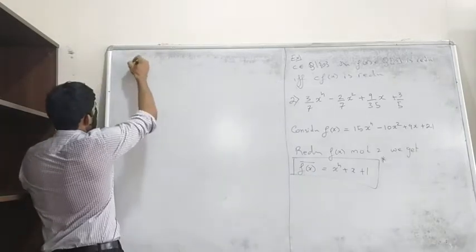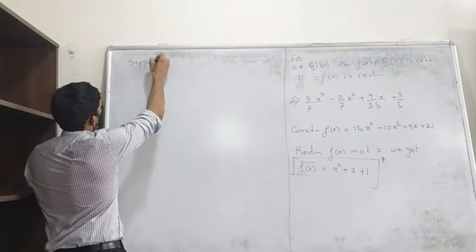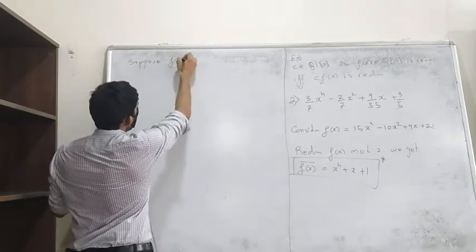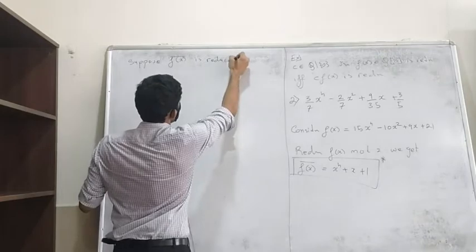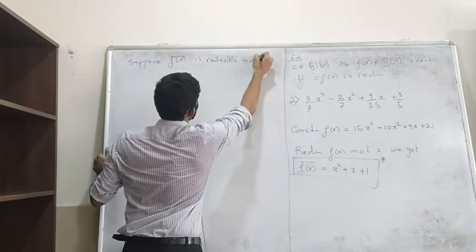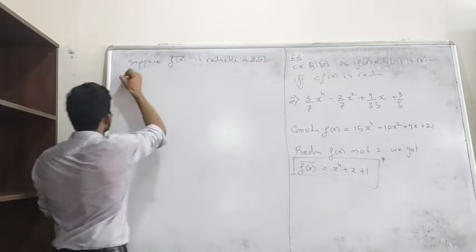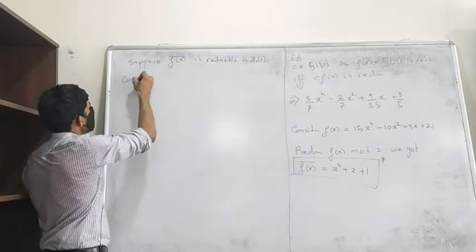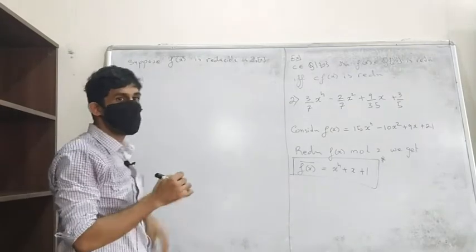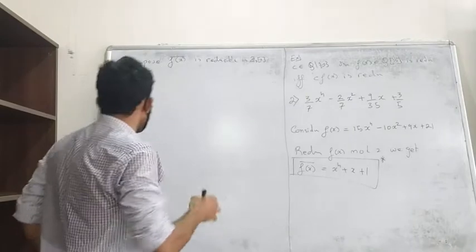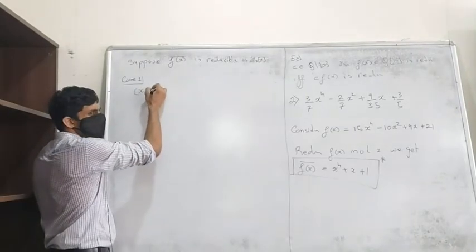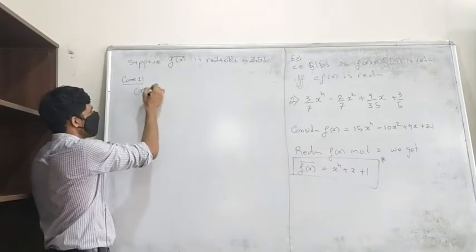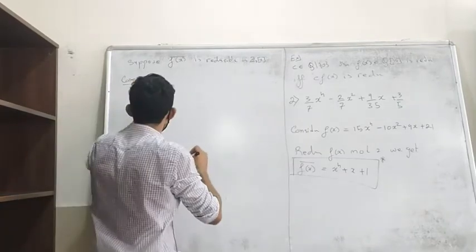Okay, so suppose f of x bar is reducible in Z2[x]. You have two cases. Case 1: some x plus a divides f of x. Let me put minus. I think I would be okay.